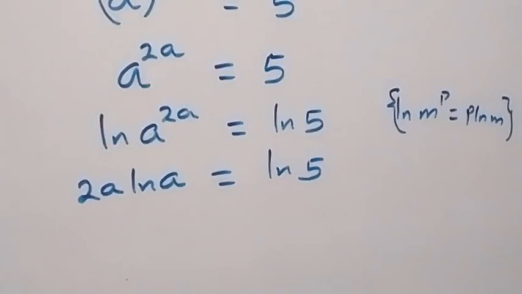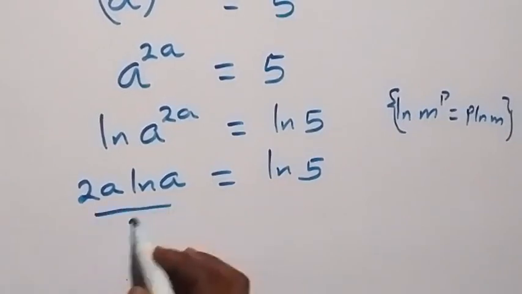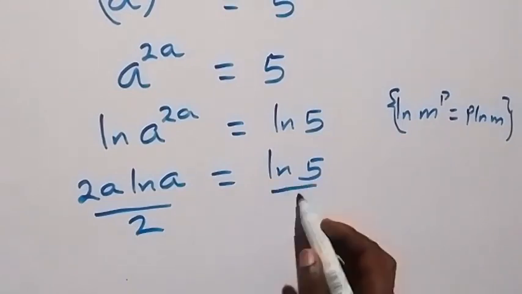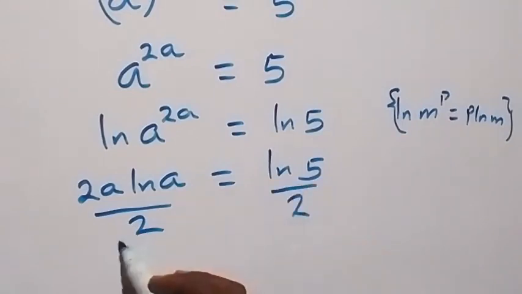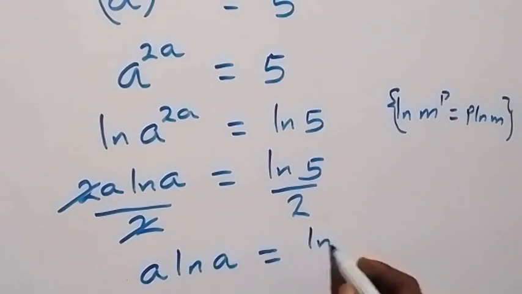Then here we can divide both sides by 2. That is, this side divided by 2 and this side divided by 2, so that the 2 here cancels out and we are left with a ln a equals ln 5 over 2.